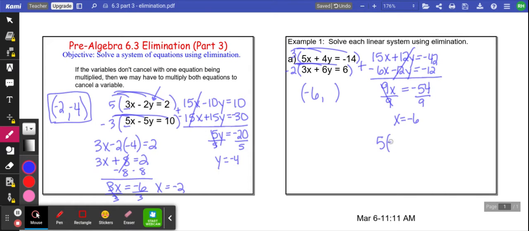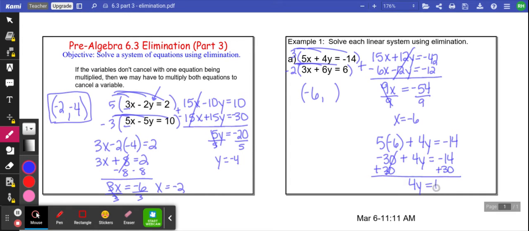So 5 times negative 6 plus 4y equals negative 14. So I have negative 30 plus 4y equals negative 14. I'm going to add 30 over. These are gone, and I have 4y equals 16. Divide by 4, and y equals 4. So there's my second half.